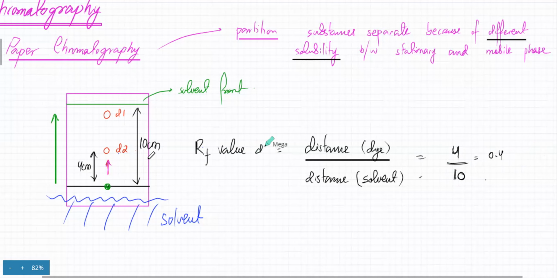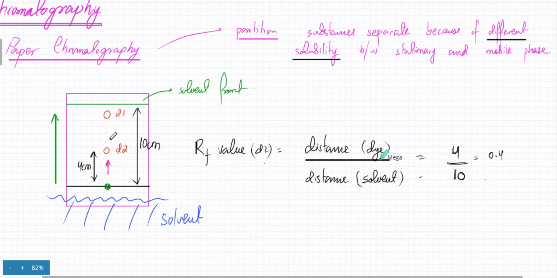Okay, is this clear? Abu Huraira clear hai? Ali clear hai? जी सर. अच्छा, फिर RF value से, one thing you must remember is कि if the dye travels a large distance, तो उसका मतलब वो 0.9 होगा या 0.8 होगा, ठीक है, top तक. If it travels a lesser distance, it would be around 0.1, 0.2.